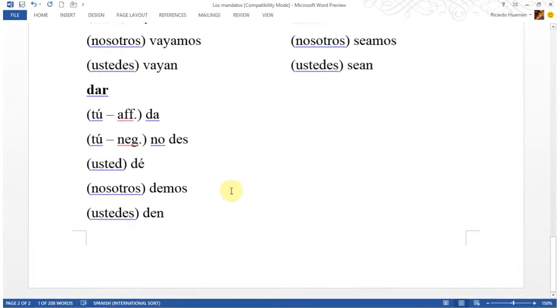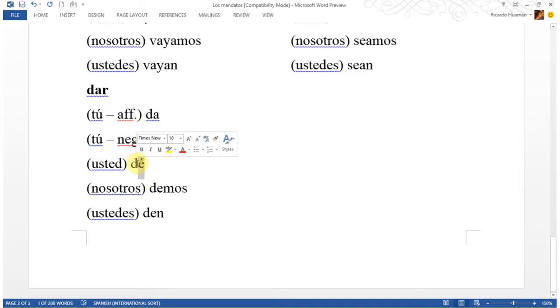And then dar, you have da for tú affirmative. And then you have des, no des, dé, demos, den. For all of these, you have one form of dé there. So even then you can memorize a sort of pattern.